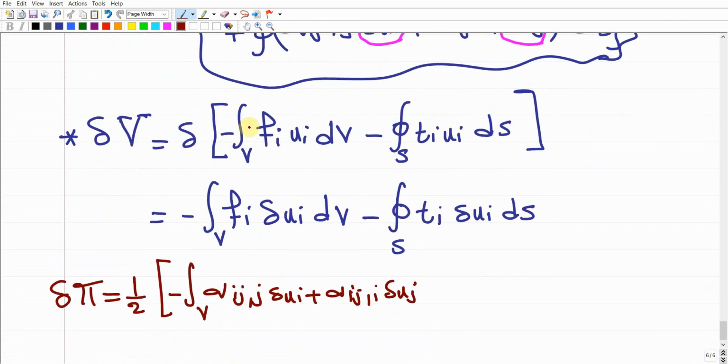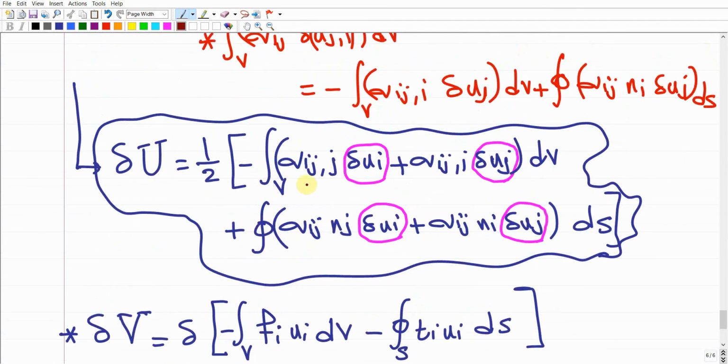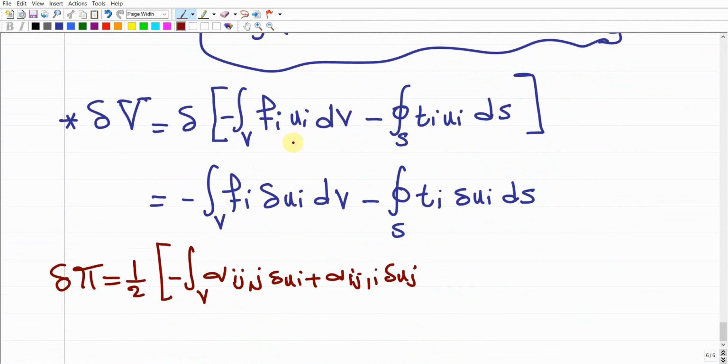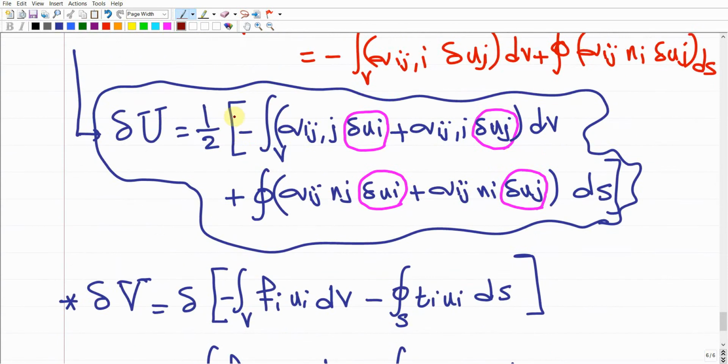We can even combine this volume term, because we have integration over the volume, and we can add these two terms as well, plus the fi delta ui. All of these terms will be integrated over the volume. Make sense? And there should be a negative here, which is this negative and this negative.